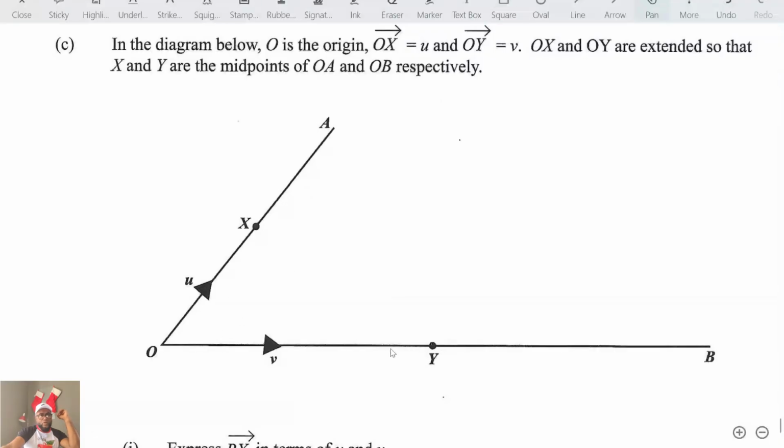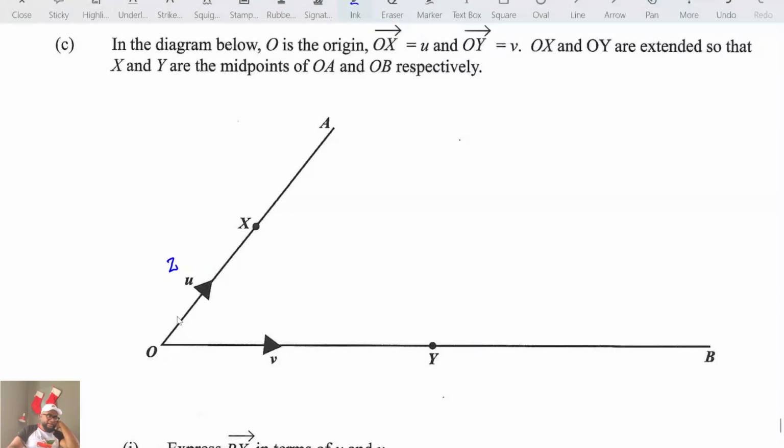Then I said O to Y is V. Then OX and OY are extended so that X and Y are the midpoints of OA and OB. So if X is the midpoint, let me give it a figure.